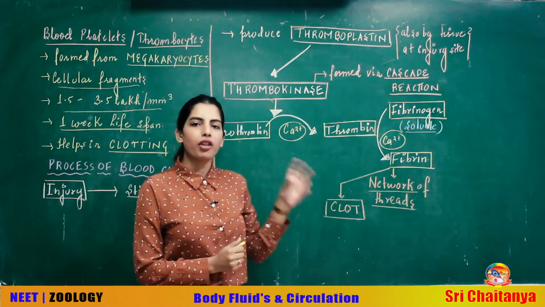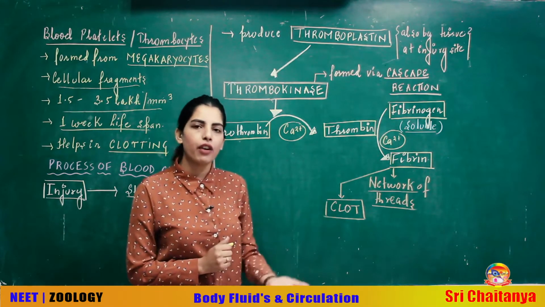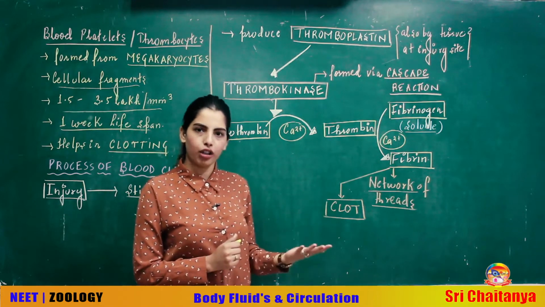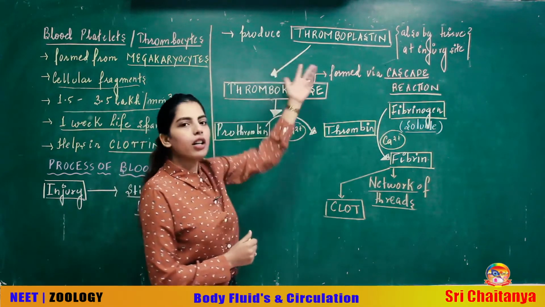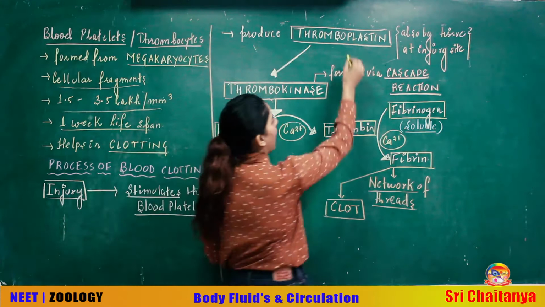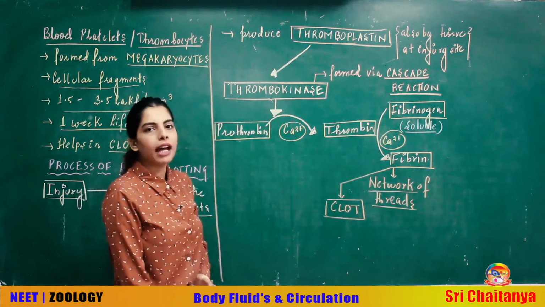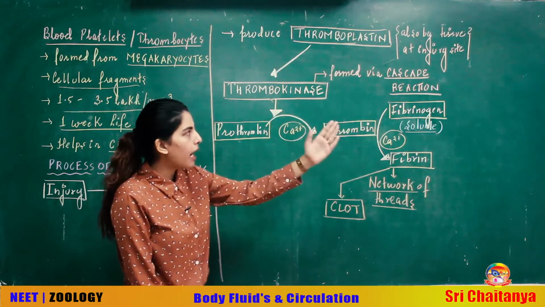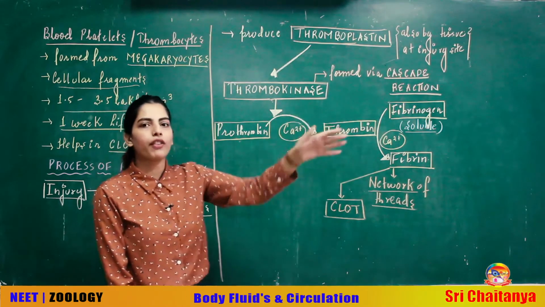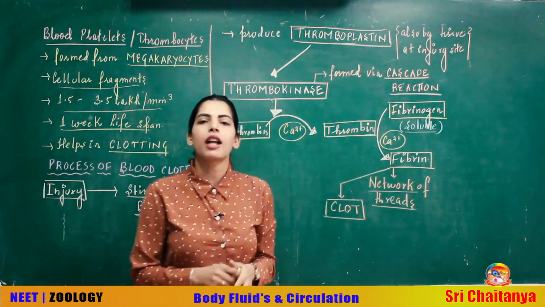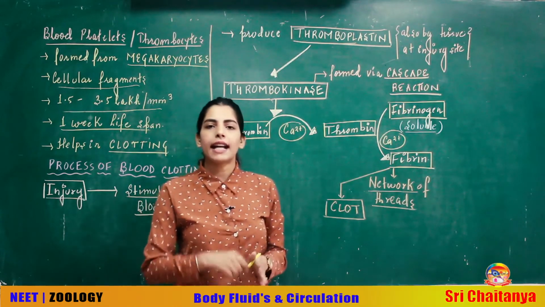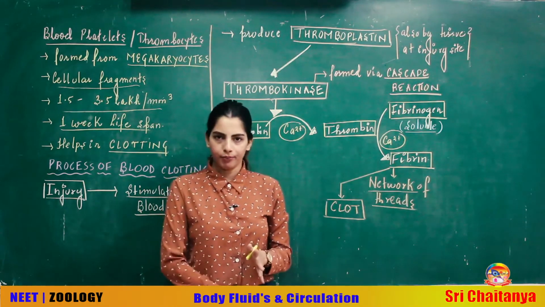Students, it is important to note which factor is produced first, then second, then third, then fourth. Okay, write that. So the first thing that is produced is thromboplastin, and this thromboplastin, which I have written in brackets, is also produced by the tissue at the site of injury. The tissue also starts producing factors called tissue thromboplastin. Clear?